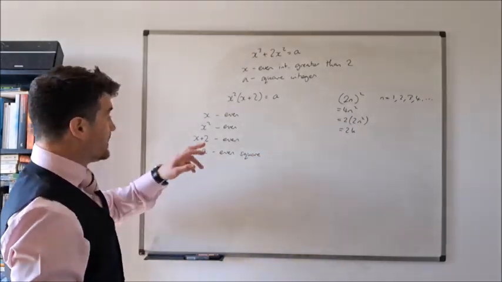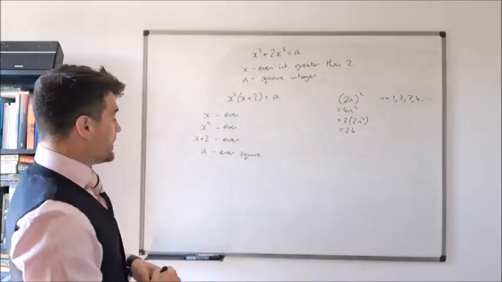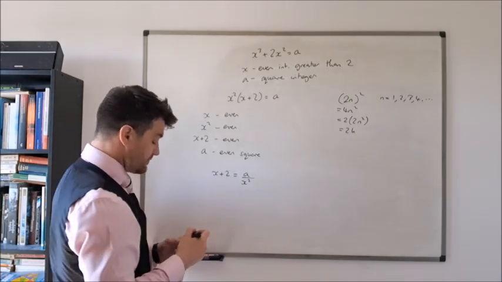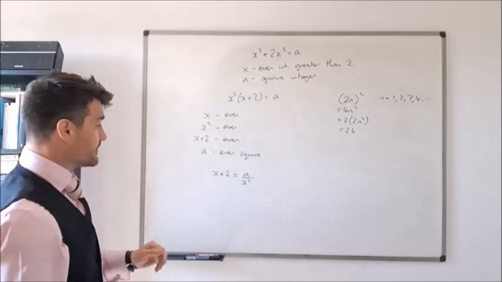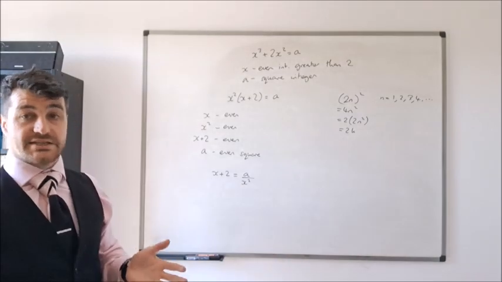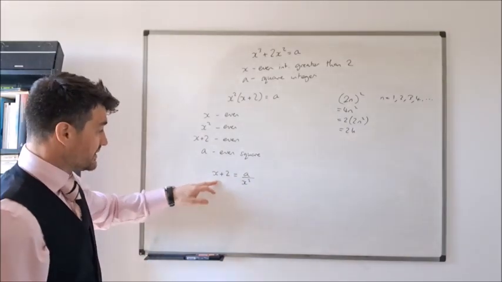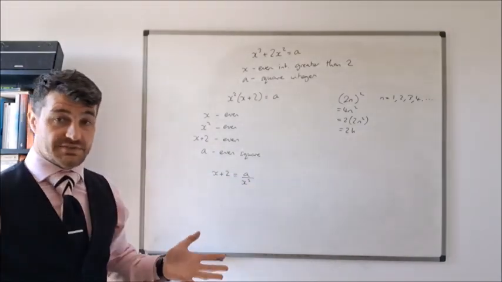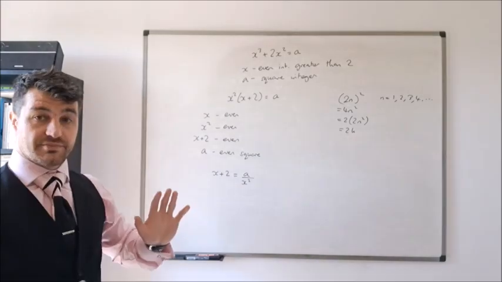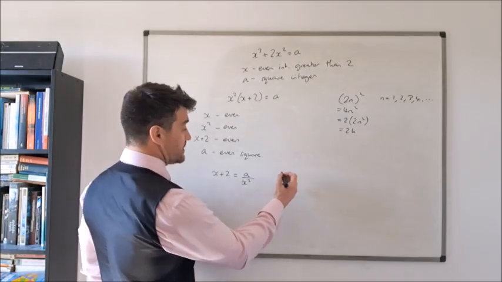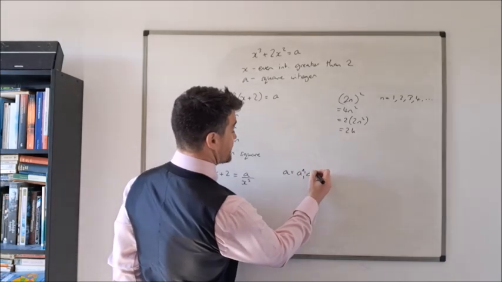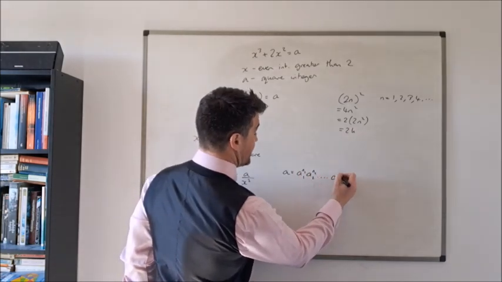Okay, so I use a similar technique, noticing that x plus 2 equals a over x squared. There's no problem with me dividing through by x squared. x can't be equal to 0 or anything like that. So because x plus 2 is an integer, that means that a is exactly divisible by x squared. Okay, so a similar situation to what we had before. I can think of a as being equal to a1 to the power of n1 times a2 to the power of n2, up to ap to the power of np.